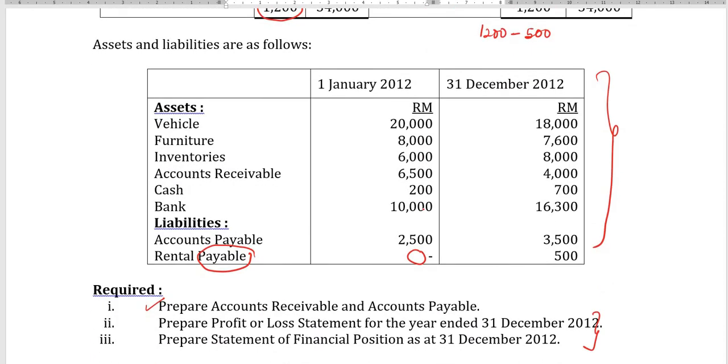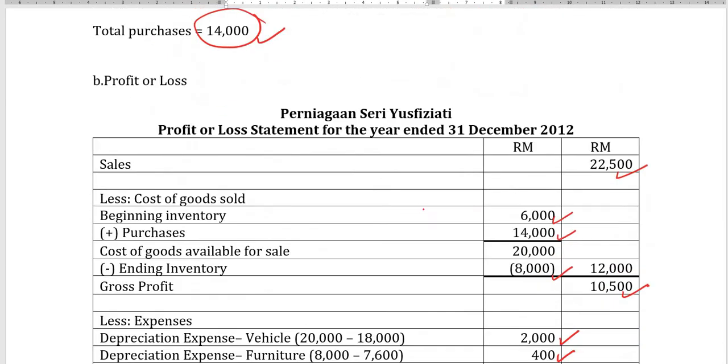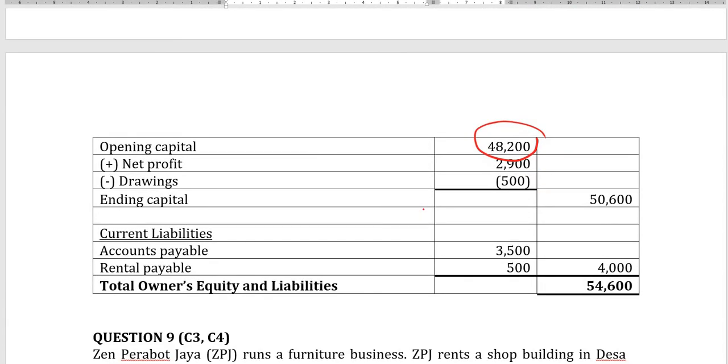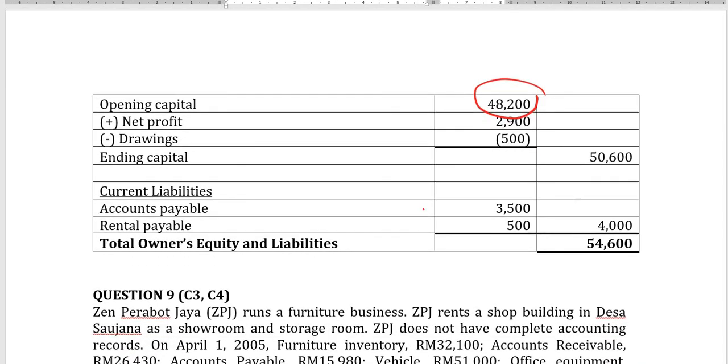Okay, so actually you need to show the calculations for the opening capital as well. Alright. Okay, so kita ambil semua asset, total beginning asset minus total beginning liabilities, you get your opening capitals. And then kita plus net profit, and this is cash drawings. Okay, and this is your liabilities. So total altogether is 54,600 ringgit. Okay, so yang ini untuk soalan 8.